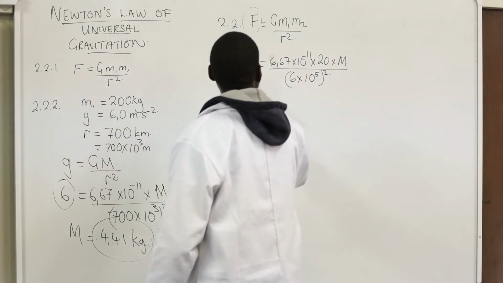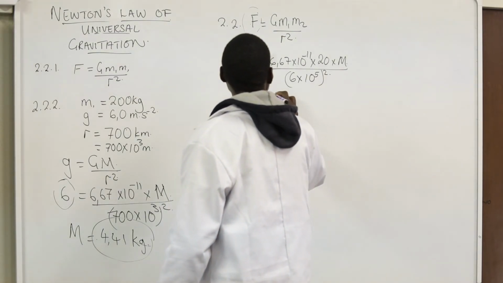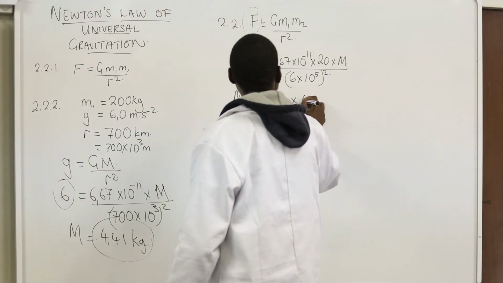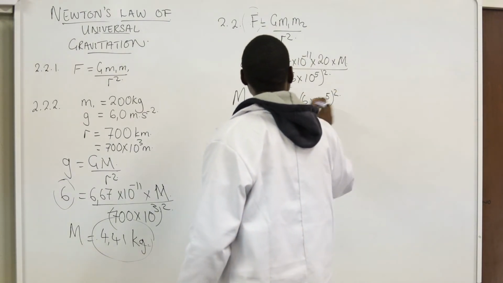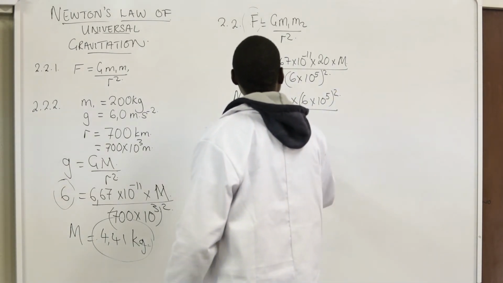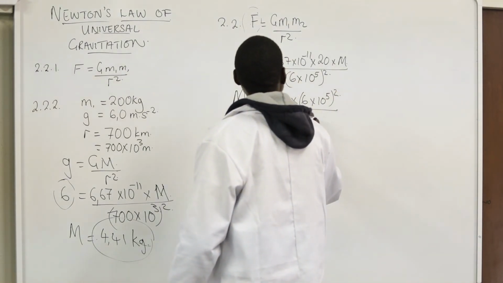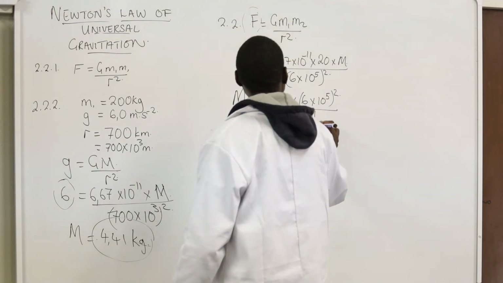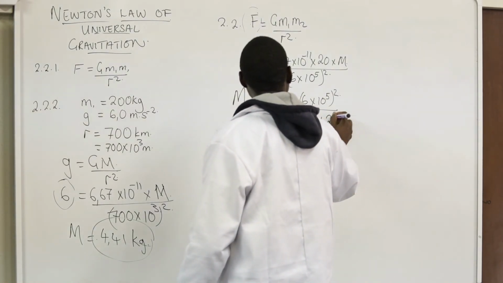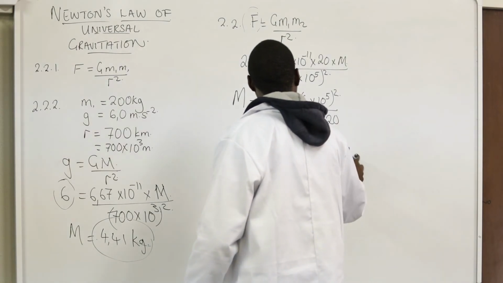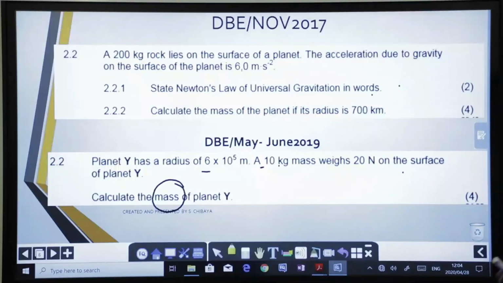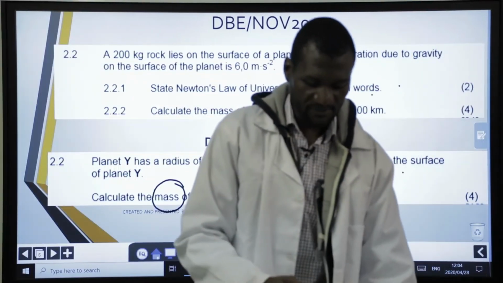Now to find the value of m, I'm going to say 20 times 6 times 10 to the power of 5 all squared divided by 6,67 times 10 to the power negative 11 multiplied by 20. What do you think your mass will be in kilograms? Once again, pull out your calculator and do the calculation.